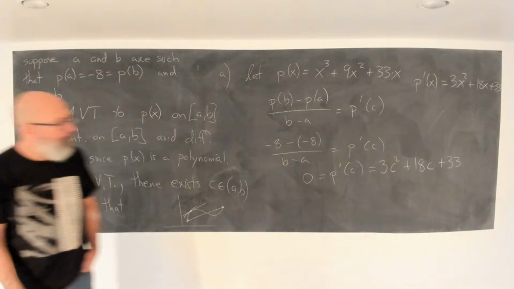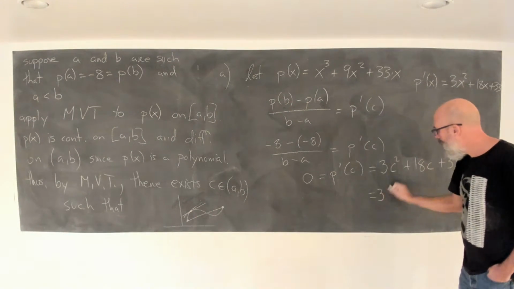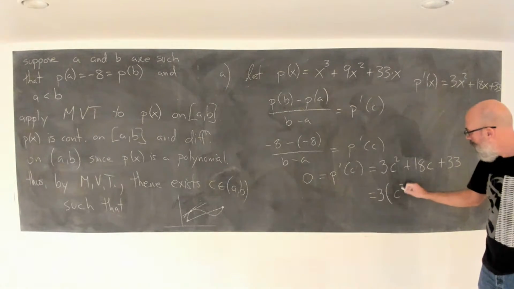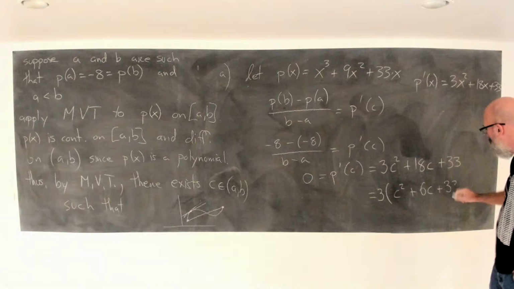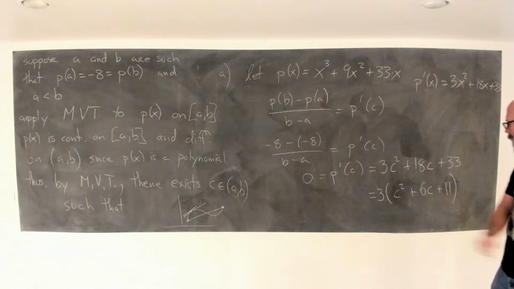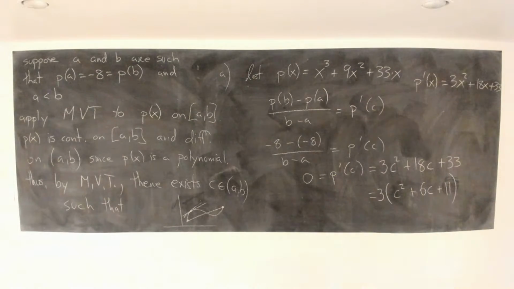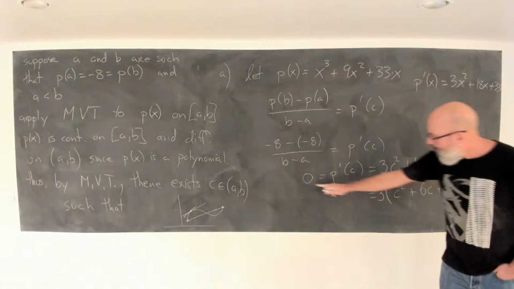All right, well, we can factor. Take out a 3: c squared plus 6c plus 11. Factoring out the 3 makes it simpler. So this product should be 0.